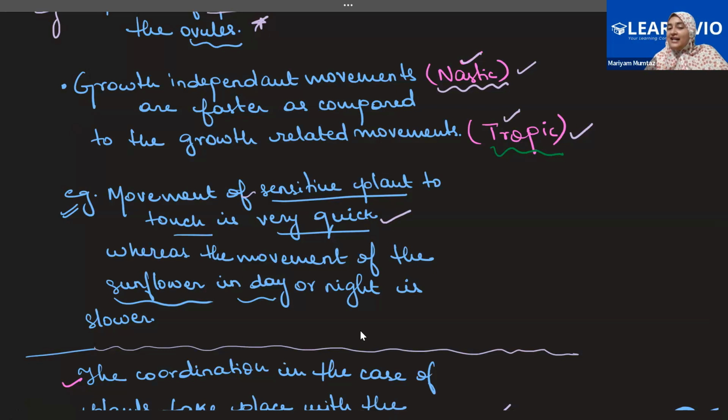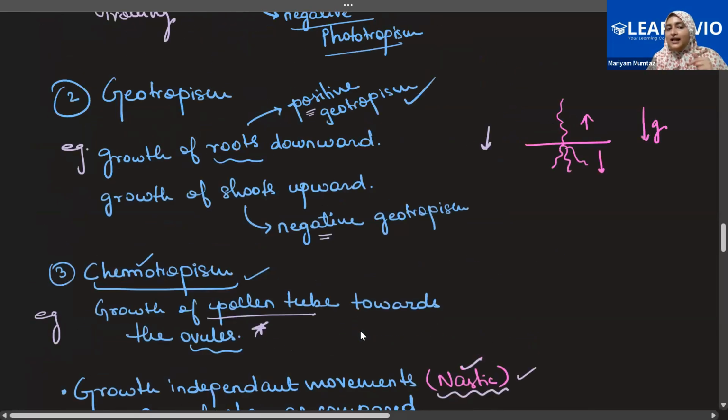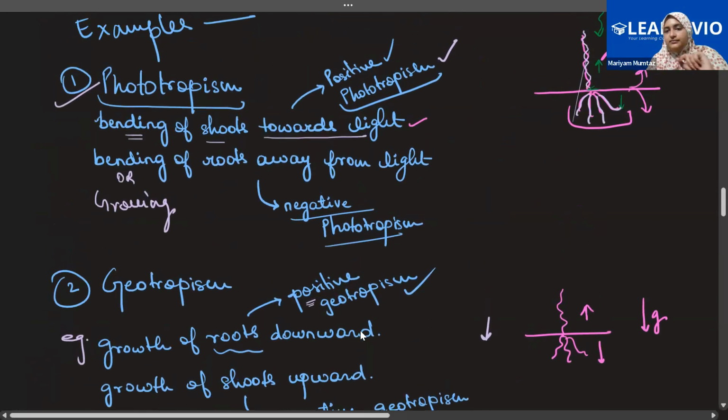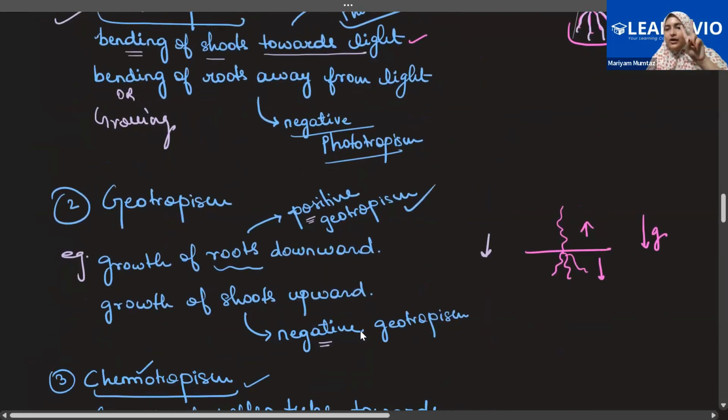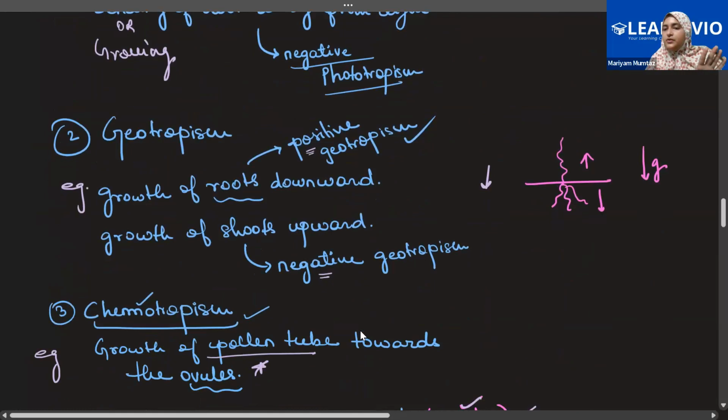Now you have a tiny homework that I'm giving you. Each one of you will search for one example of a nastic movement and one example of a tropic movement other than the ones that I have told you about. So no Mimosa pudica, any other.